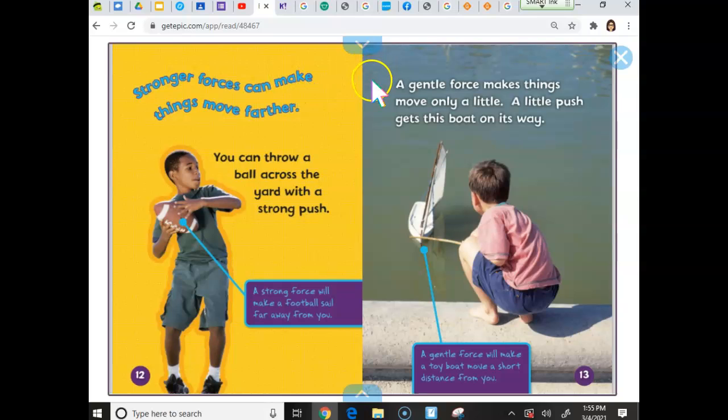A gentle force makes things move only a little. A little push gets this boat on its way. A gentle push will make a toy boat move a short distance from you. So the stronger the force, the farther it will move.